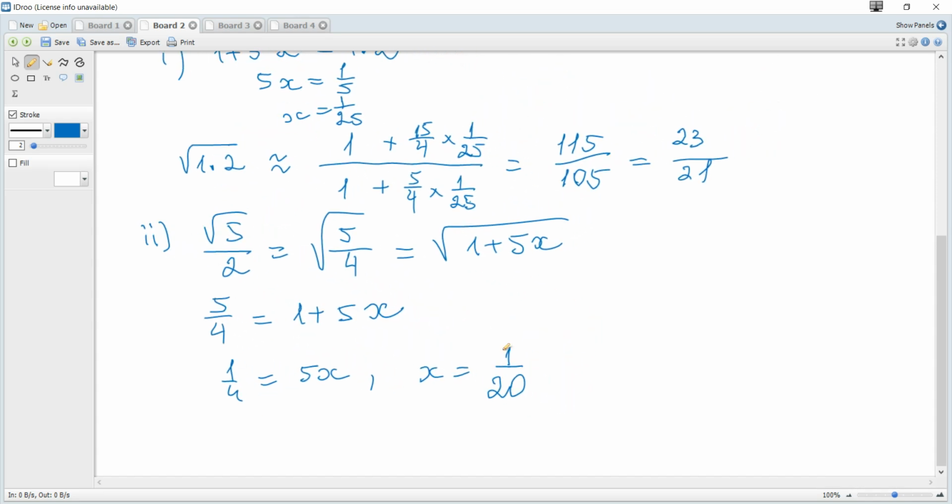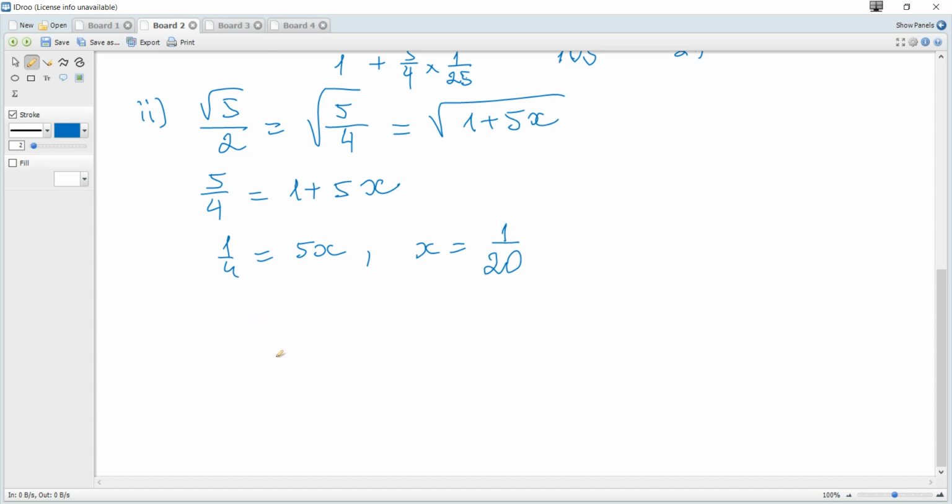And this expansion is actually the Maclaurin series, and it's the expansion about 0. And the closer the x value is to 0, the more accurate the calculated approximate value is.